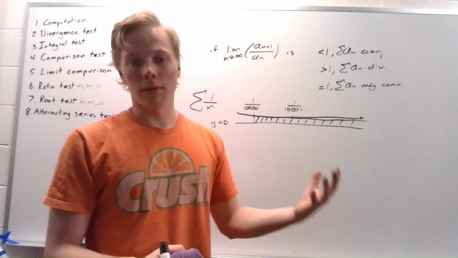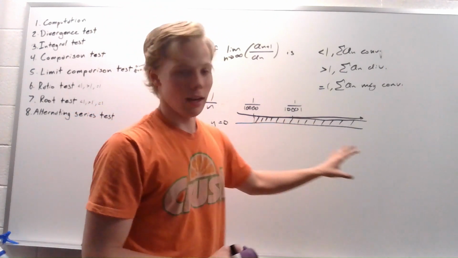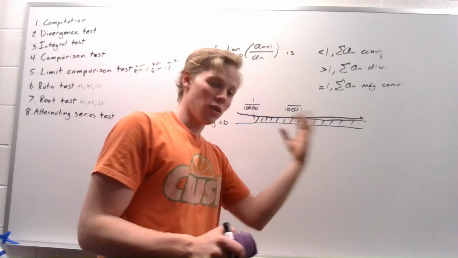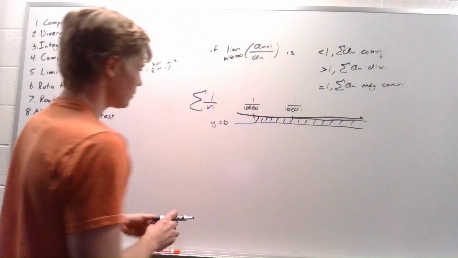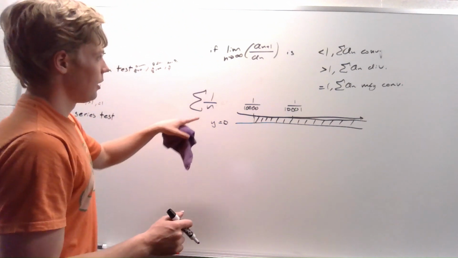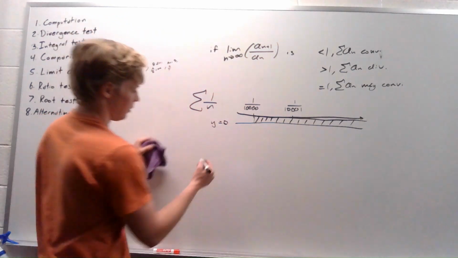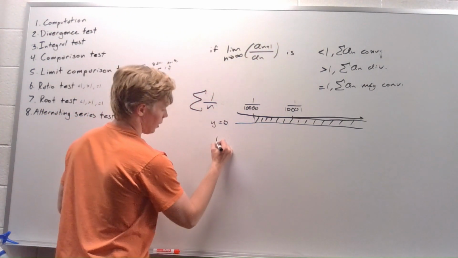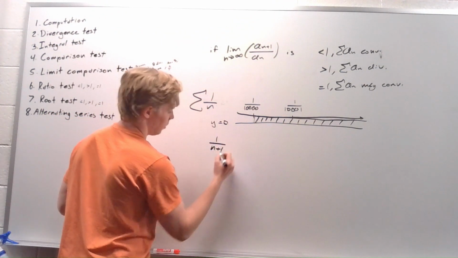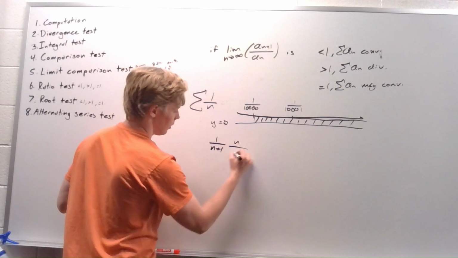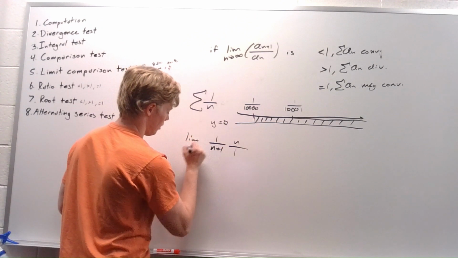And so it's impossible to tell if the area under it is infinity or if it eventually settles down on a number. But if the limit is equal to 1, which is the case with this, I guess I should have drawn that. So you have 1 over n plus 1 divided by that.